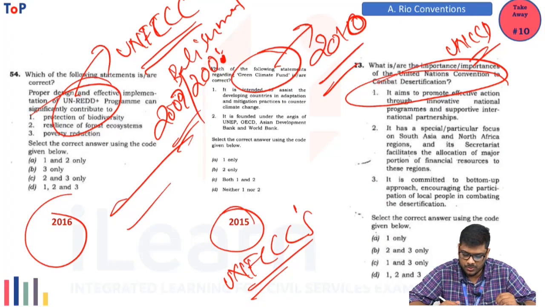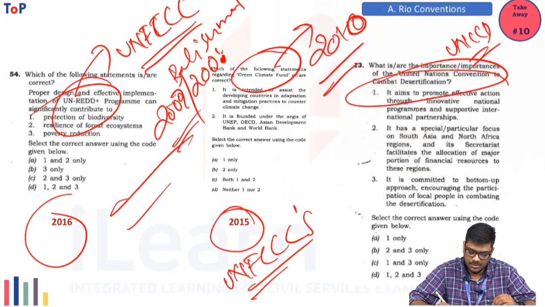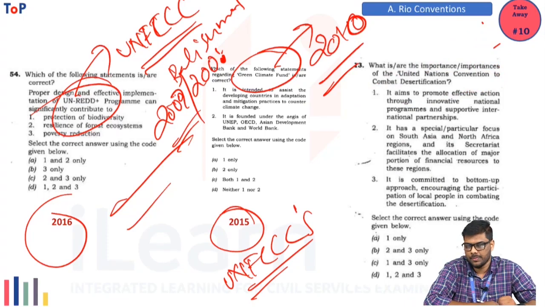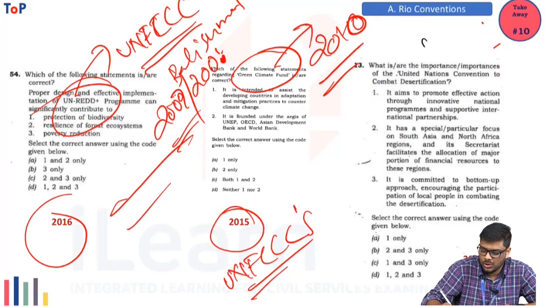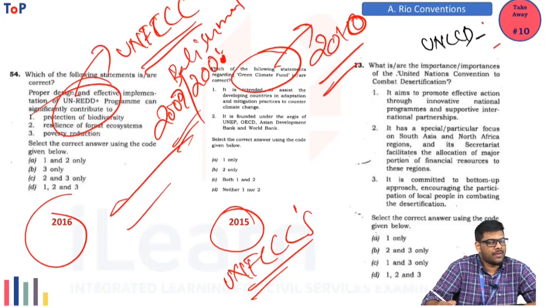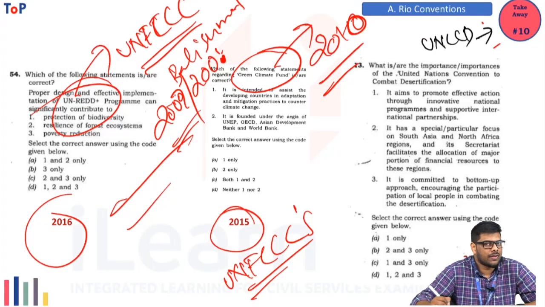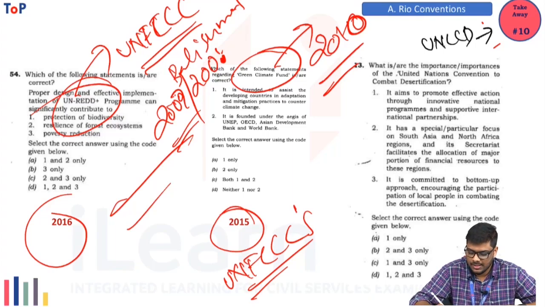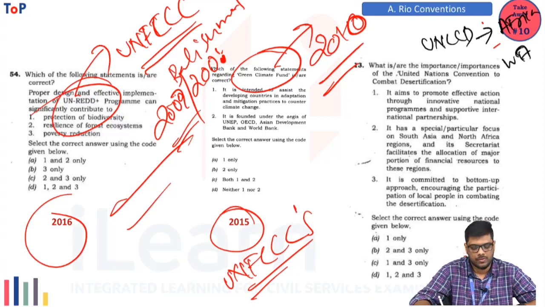Let me show you more. What about this particular question regarding UNCCD? Try to solve. How can you solve it? See, what is UNCCD? UNCCD is about desertification. Where can you find deserts in the world? The most important deserts in the world are either in Africa or in West Asia.